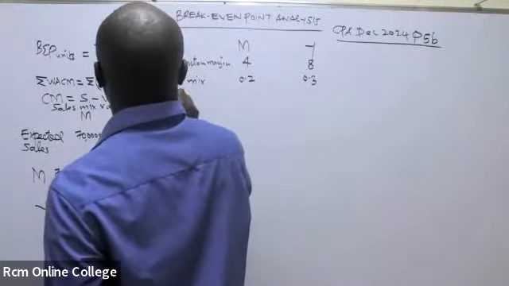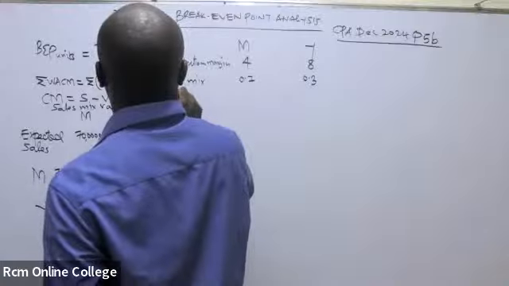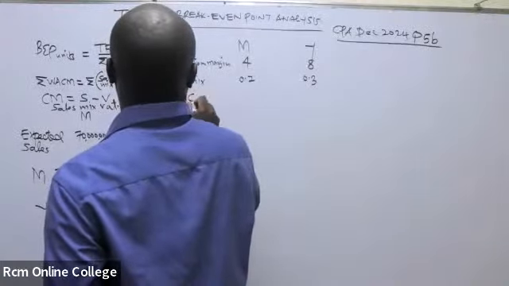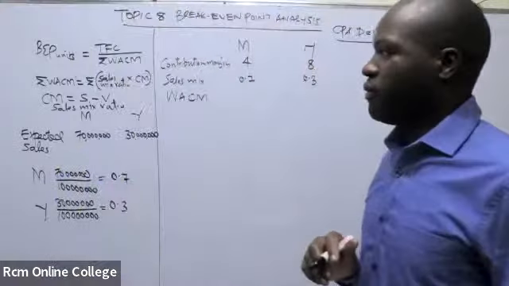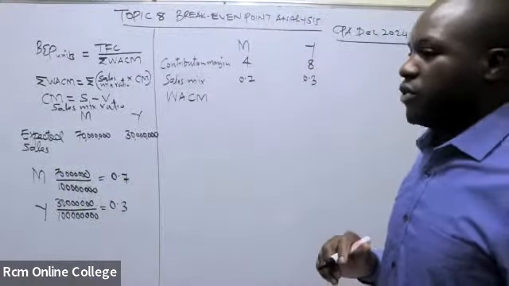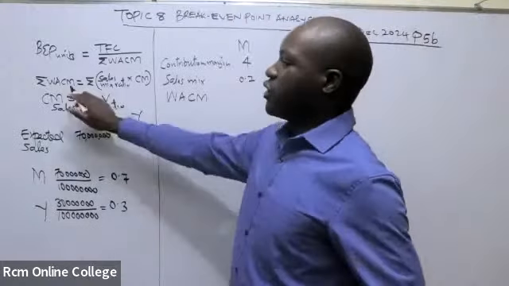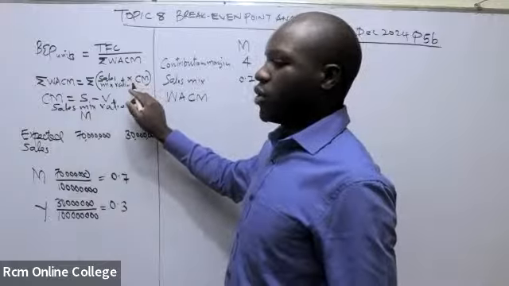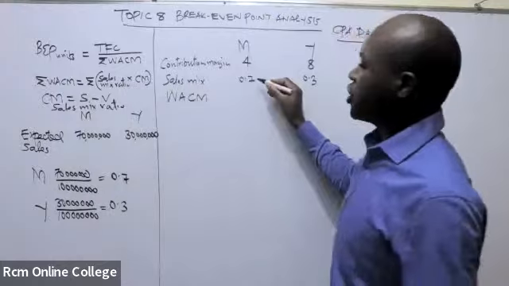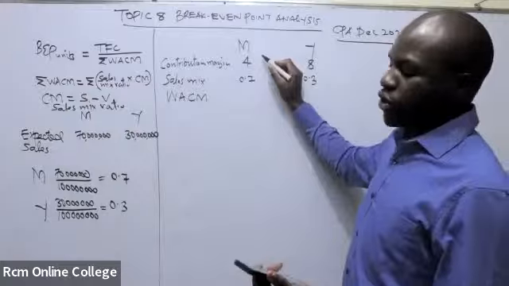Can we now get the weighted average contribution margin? How do we get weighted average contribution margin? It is sales mix ratio multiplied by contribution margin. Our sales mix ratio is 0.7, and contribution margin is 4.